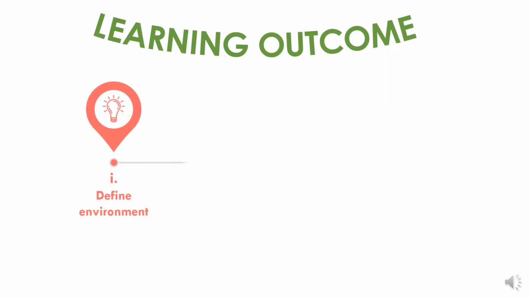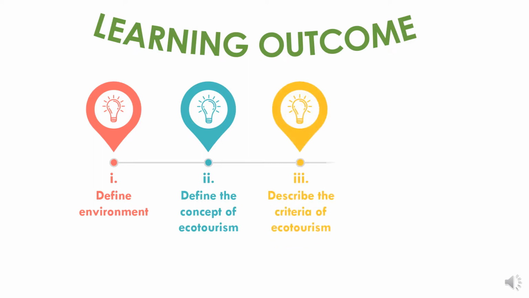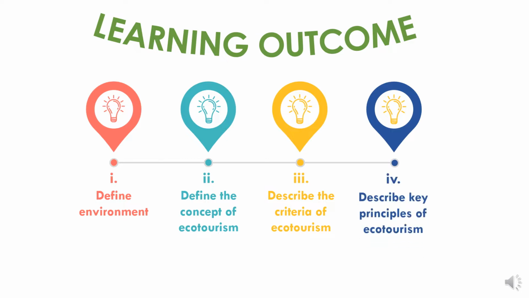In this lesson, students are required to demonstrate mastery of knowledge and understanding of environment and ecotourism, which means by the end of the topic, students will be able to define environment, define the concept of ecotourism, describe the criteria of ecotourism, and describe the key principle of ecotourism.